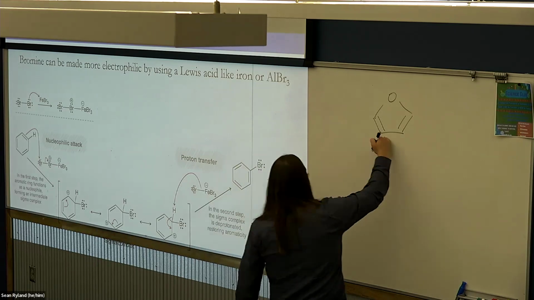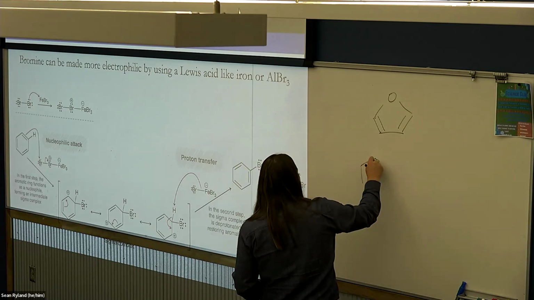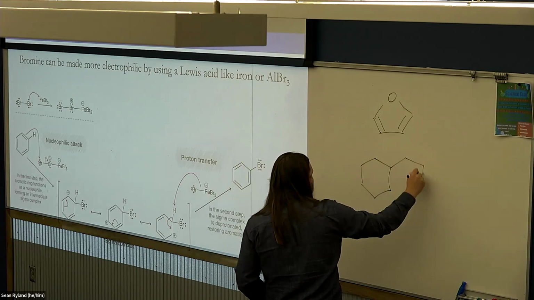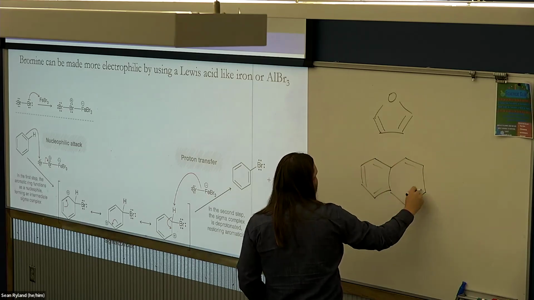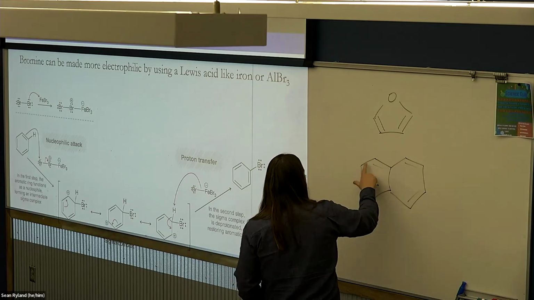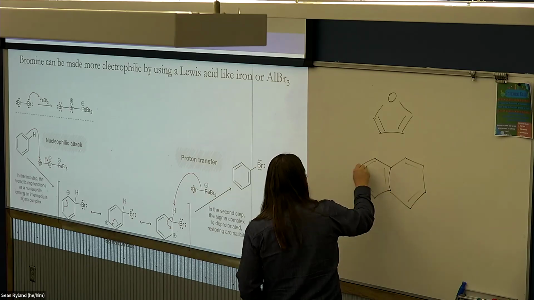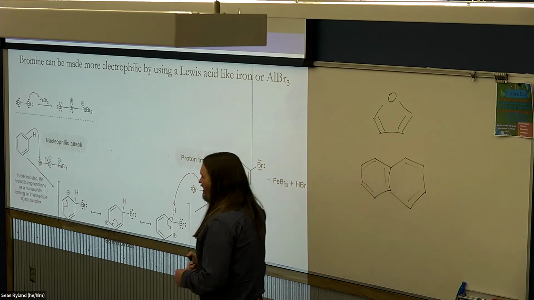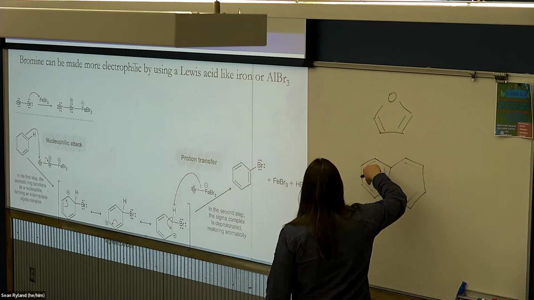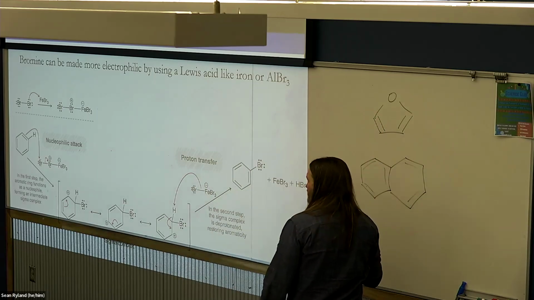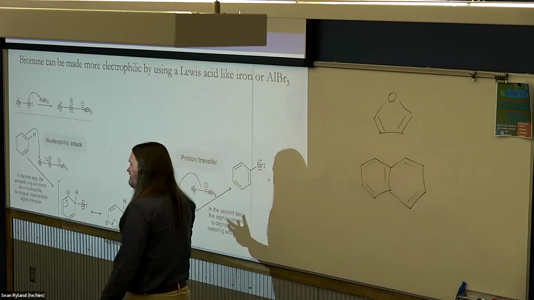And so if you had something like this or something like naphthalene, the other way. If you have naphthalene or furan or anything else similar to this, then there's different carbon positions, and so there's more details to it.